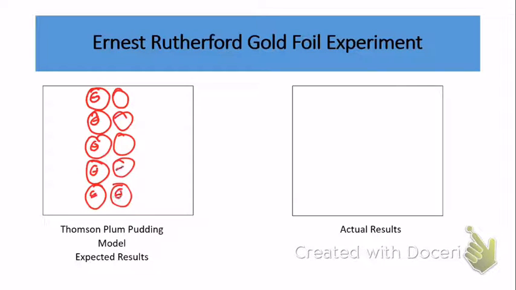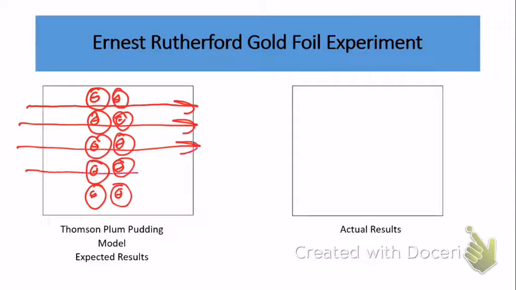Each of these atoms is made up of a different amount of electrons. Okay? What he believed is that the alpha particles would go directly through, straight through the atom. Just right through. That's what he believed would happen. However, the results were quite different. Okay? So let's again make our atoms.